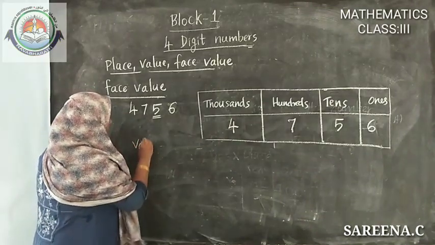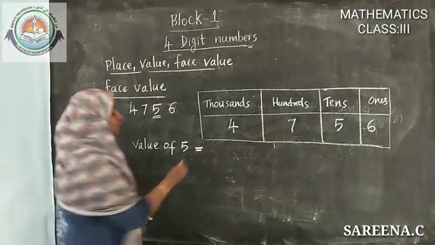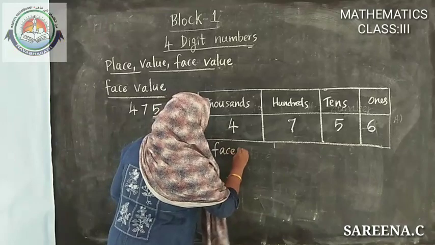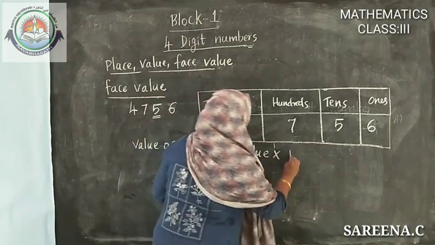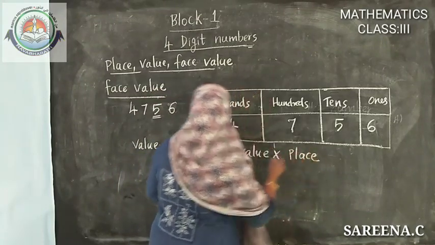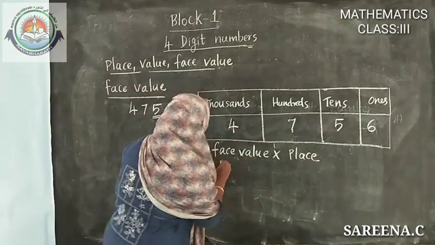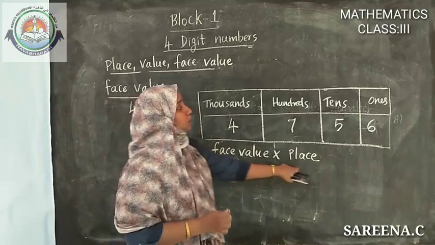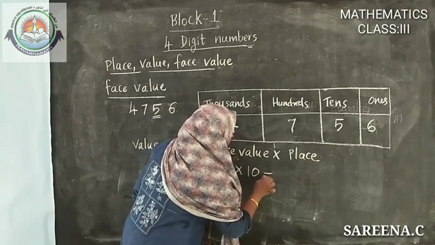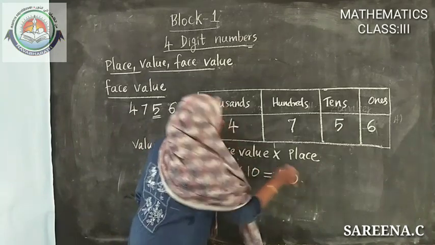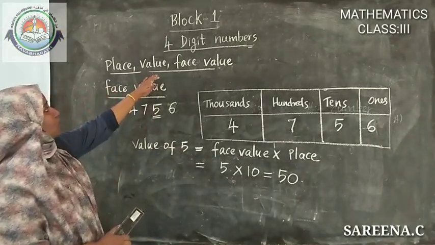Value of 5 is equal to face value into place. What is the face value of 5? It is 5 itself. And what is its place? It's in tens place. So that is into 10. We got 50. Okay. That's about face values, values and place.